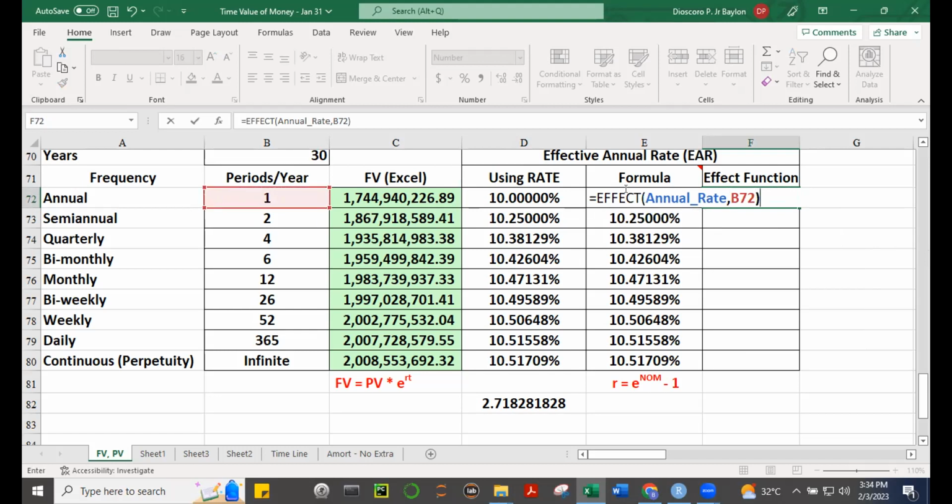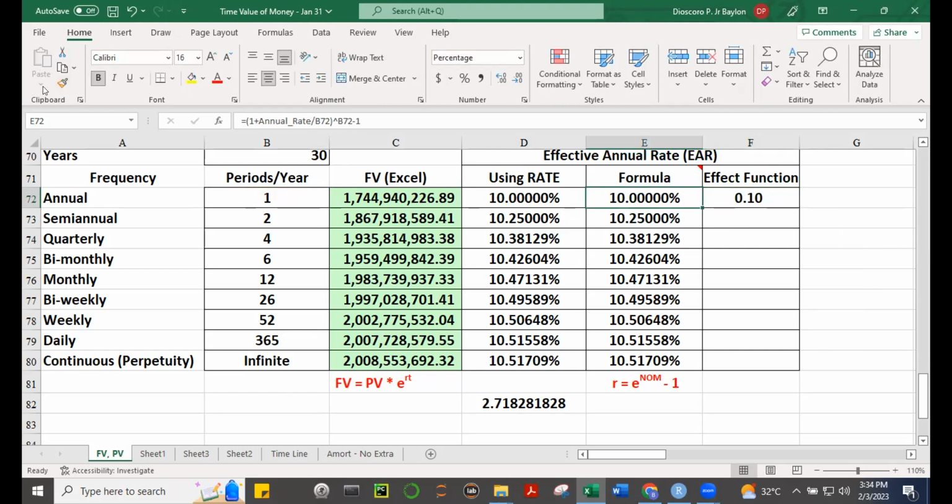So that's about it. And of course, you cannot use it here for the continuous because this will not be read by Excel. Kindly try, please. Control Enter. Then let's just copy the formatting here. And see, class, if you have the same answers.